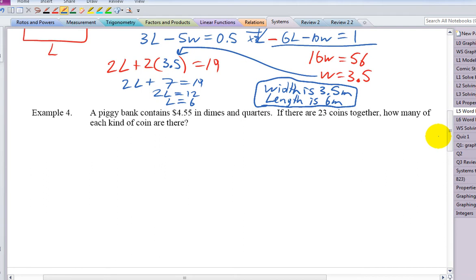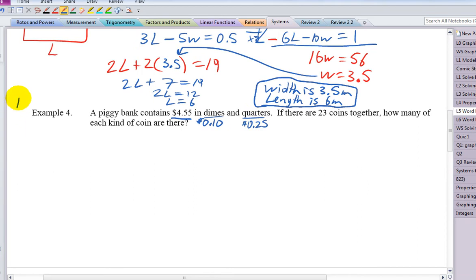Okay, so next one, piggy bank one. This is classic. We have $4.55. That's in dollars. What's the value of a dime? 10 cents? What is the value of a dime in dollars, though? 0.10. What's the value of a quarter? 0.25.